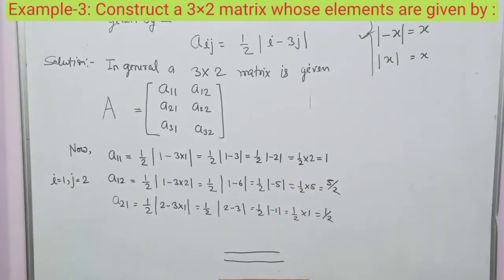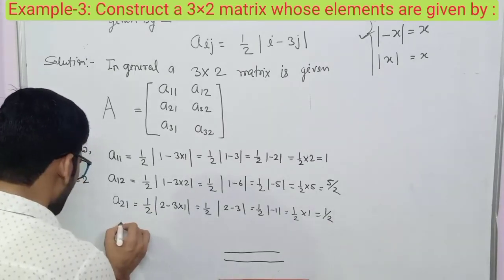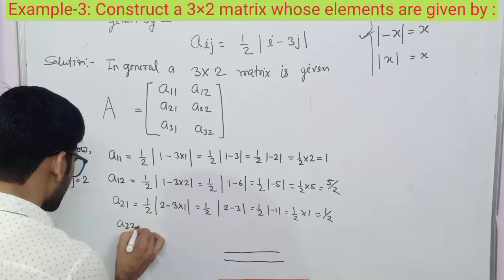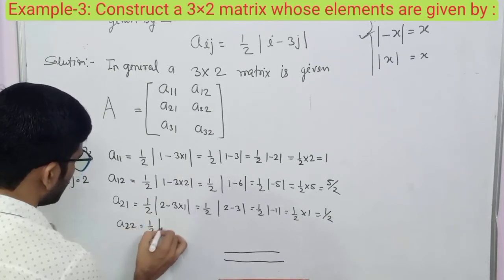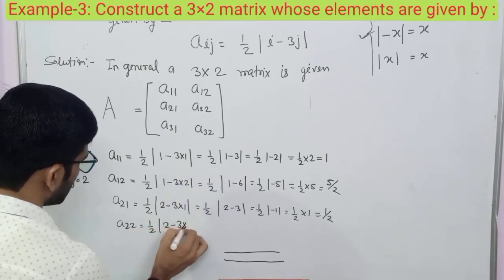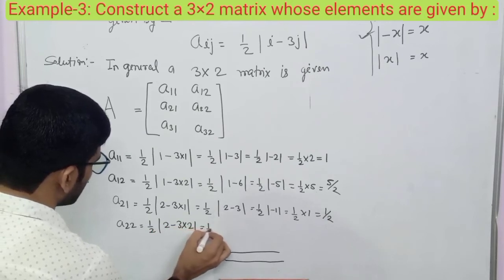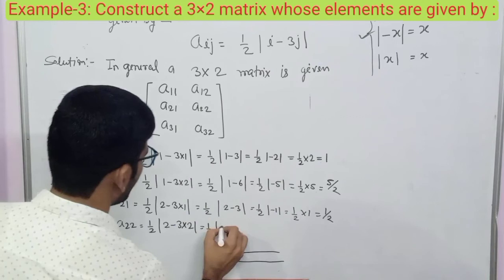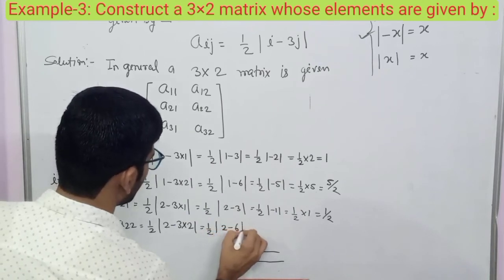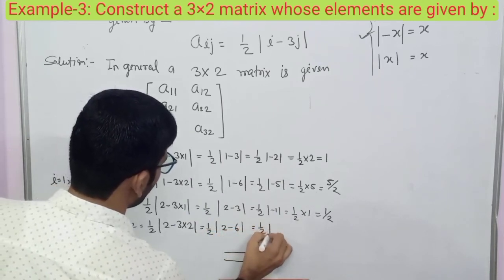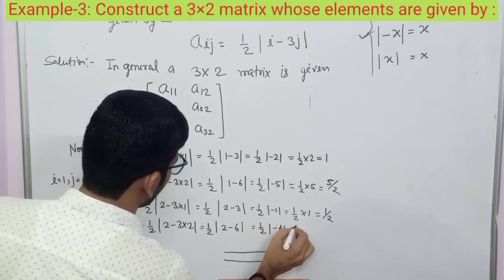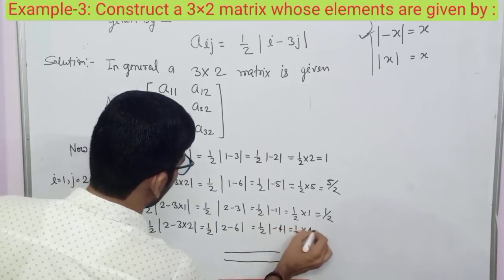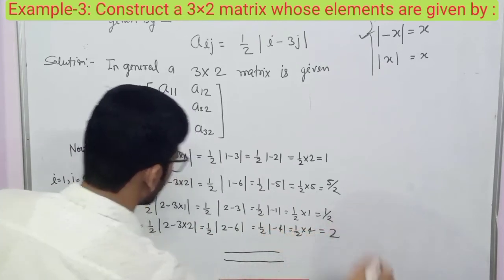And in the same way, we can find the value of A22. We put the value of i and j: 2 minus 6, 1 by 2 modulus of minus 4, 1 by 2 into 4 equal to 2.